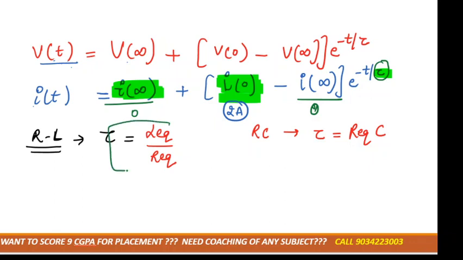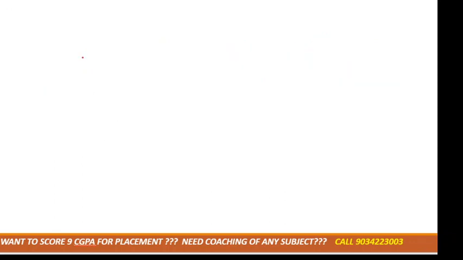Tau is L by R, right? And remember, in the last lecture I told you, for calculation of tau we have to consider the circuit at t equal to 0 plus, means the transient condition.